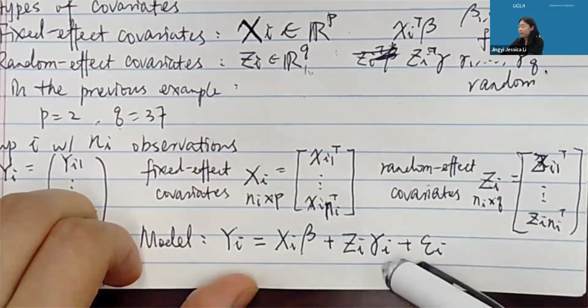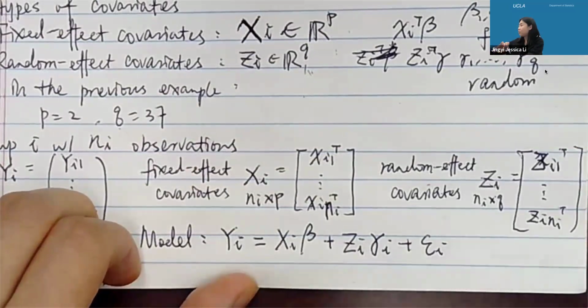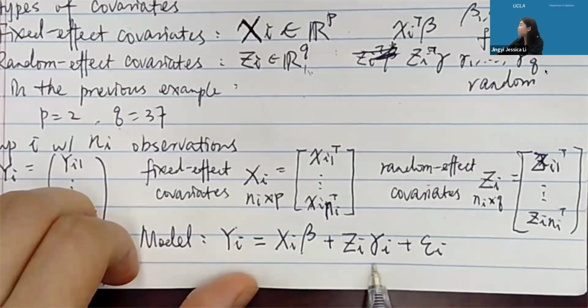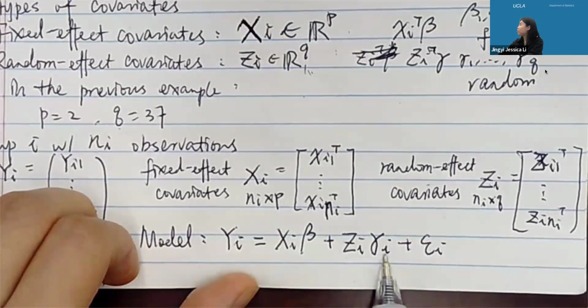But this gamma i, or zi gamma i, still accounts for the differences in the groups, and then we let the coefficient be group specific. Just like in our random intercept model, the zi will indicate the schools and the gamma i will be the school effect.